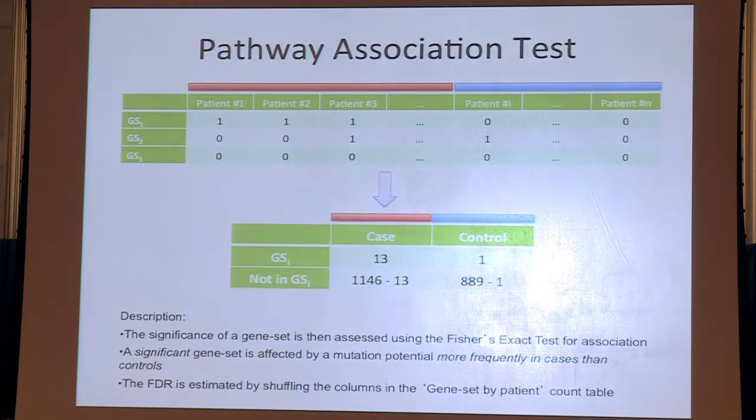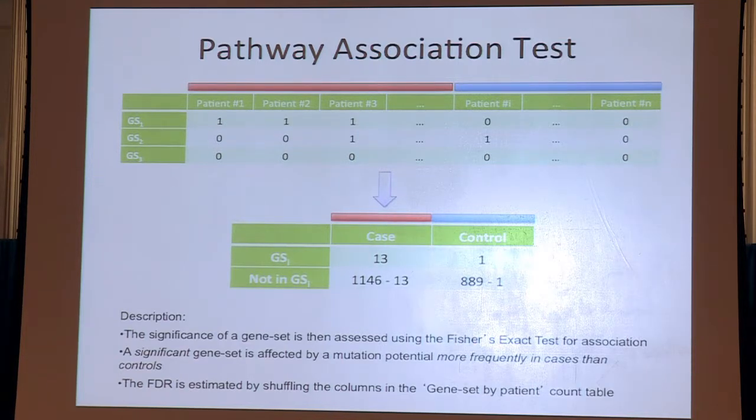We ran a standard Fisher's exact test, which is the same type of statistics used for genome-wide association studies. And we assessed the false discovery rate by shuffling the columns in this matrix thousands of times and seeing how often we get a particular enrichment for a particular pathway by chance.